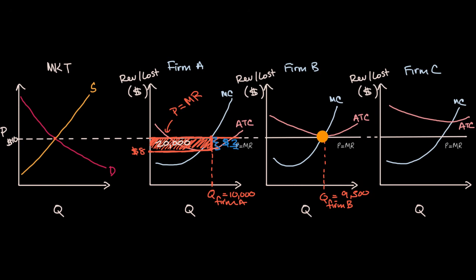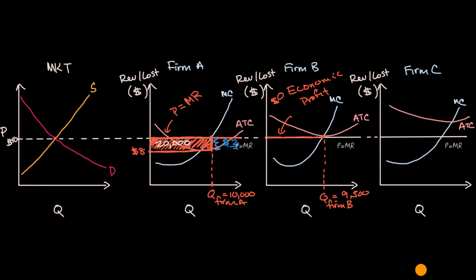So at that quantity, whatever that $10 they're getting per unit, they're also spending on average $10 per unit. Another way to think about it, the area of that rectangle is going to be 0 because it has no height. So in this situation, the firm has $0 of economic profit.